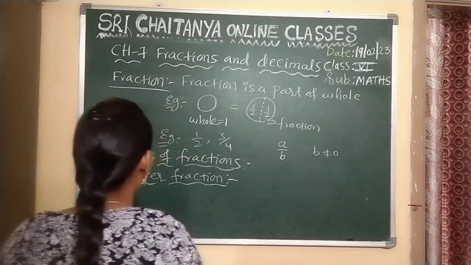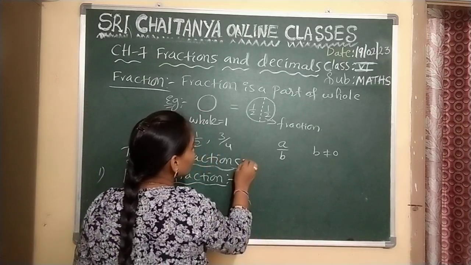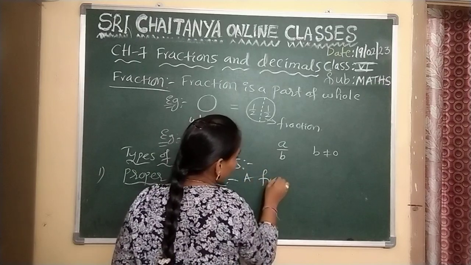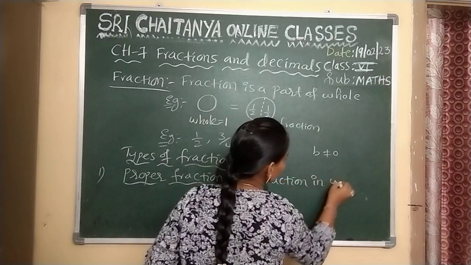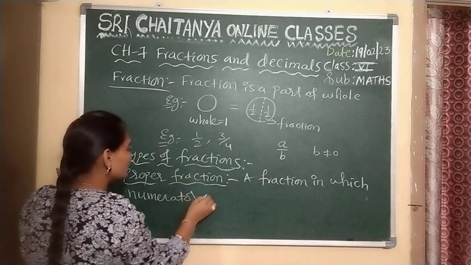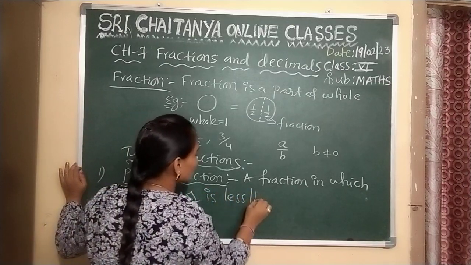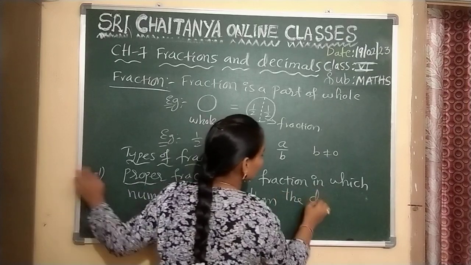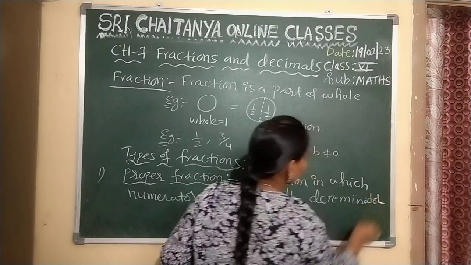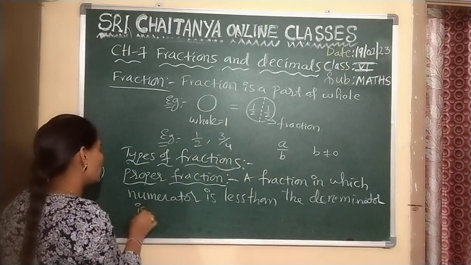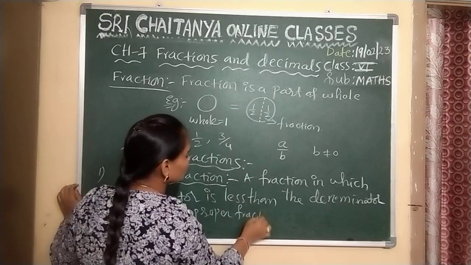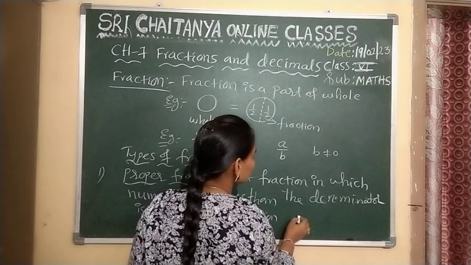A fraction in which the numerator is less than the denominator is called a proper fraction.